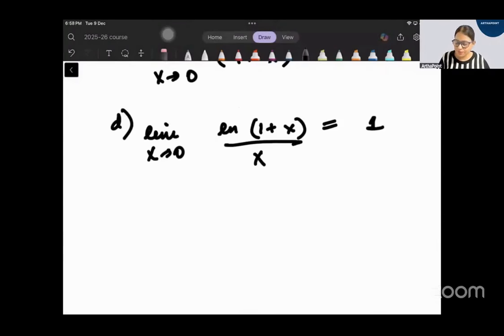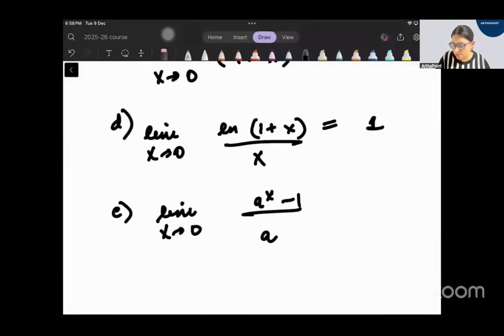And limit x tends to 0, a to the power x minus 1 by x. Yes, this is ln a.